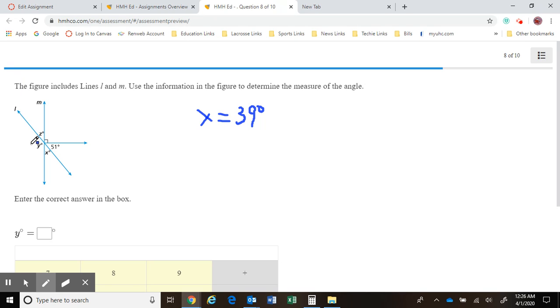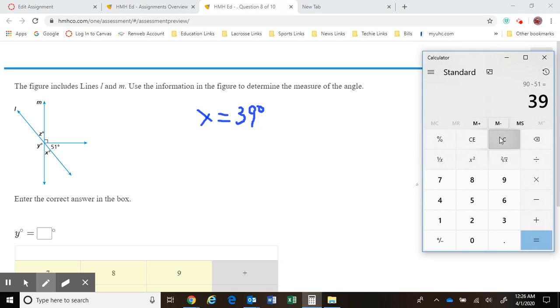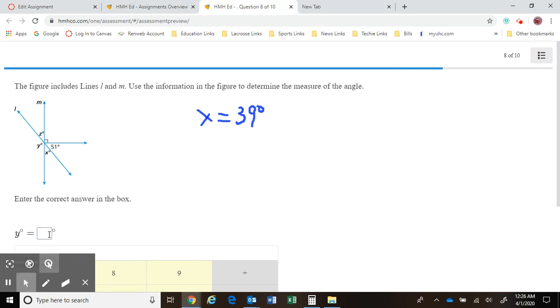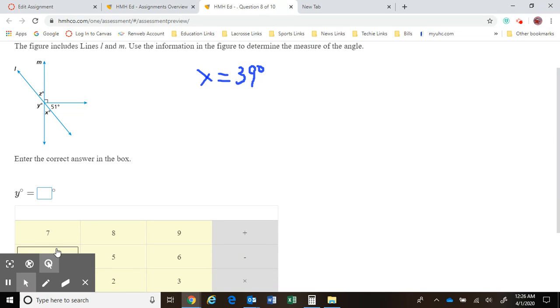So I've got Y here. Well, if X is 39 and Y, those should be supplementary because they're on a straight line here. So I just need to pull my calculator up. 180 minus 39, and that should give me the answer of 141.